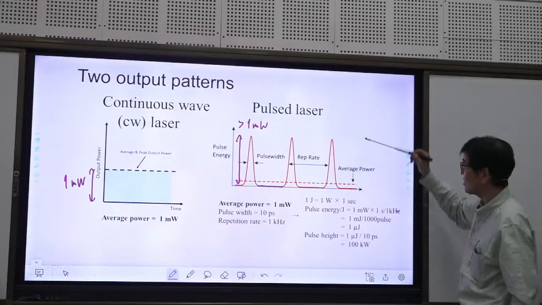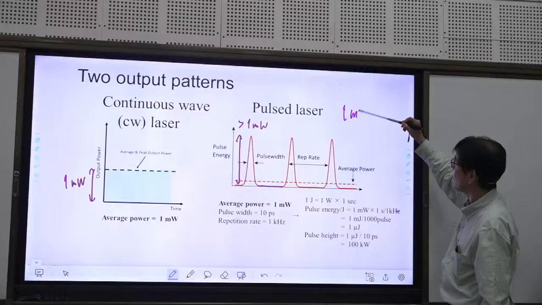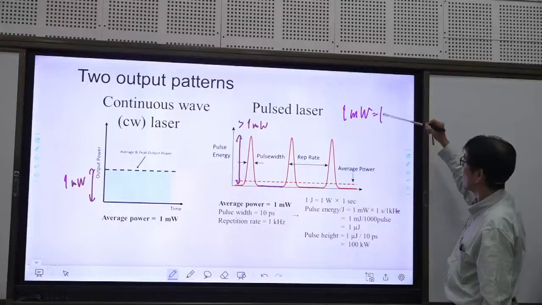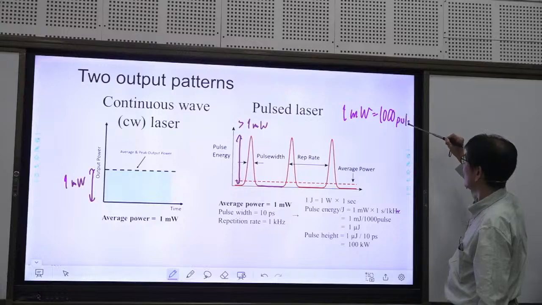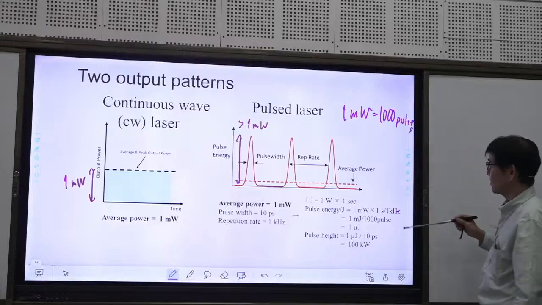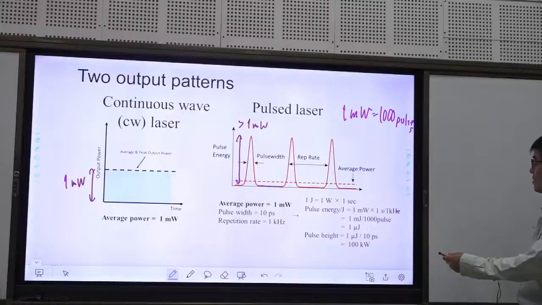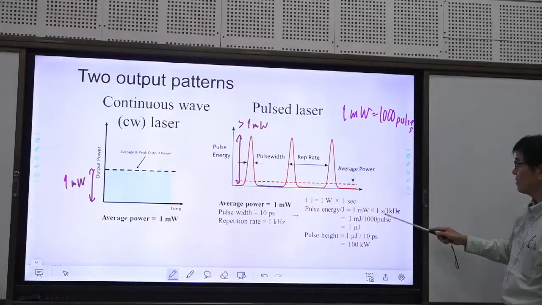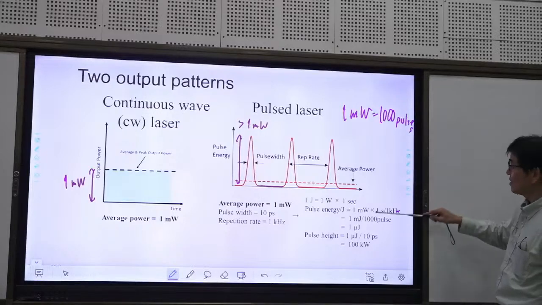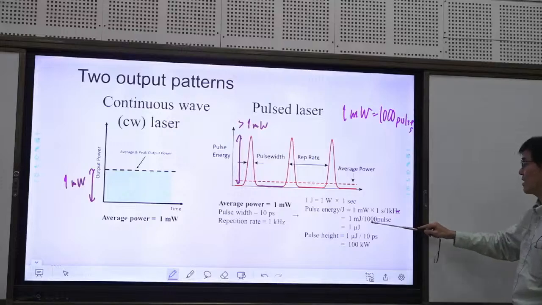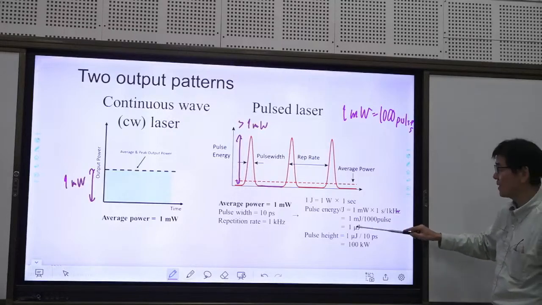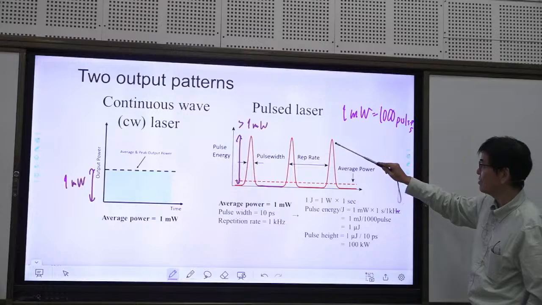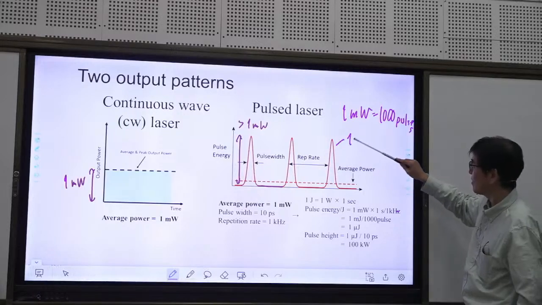So 1 milliwatt, 1000 pulses. Then 1 milliwatt times 1 second, 1 millijoule per 1000 pulses. So 1 pulse corresponds to 1 microjoule.